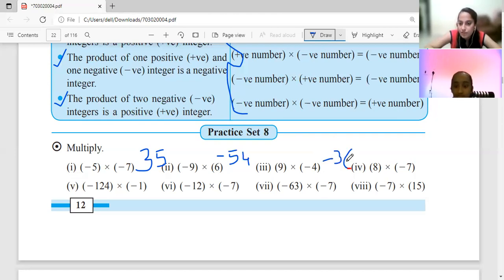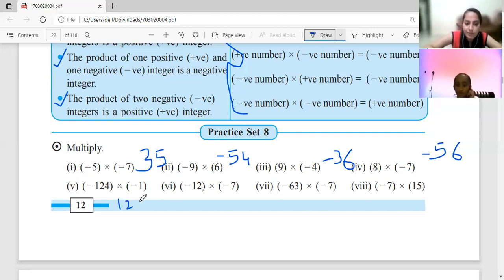Search for the next answer. Minus 56. Very good, Lakshita. It is -56. Very good. Can you tell me the next answer? Plus 124. Very good. It is going to be 124.